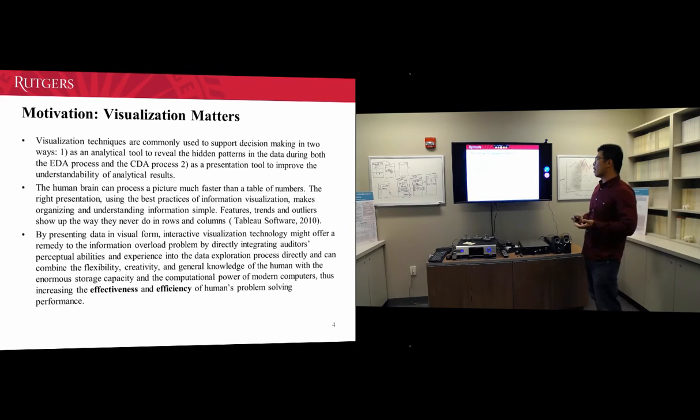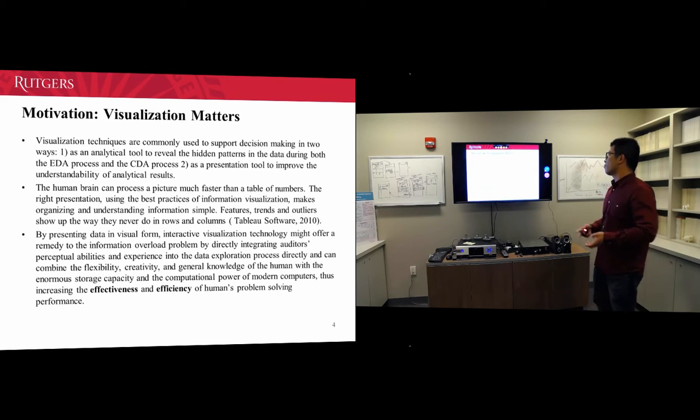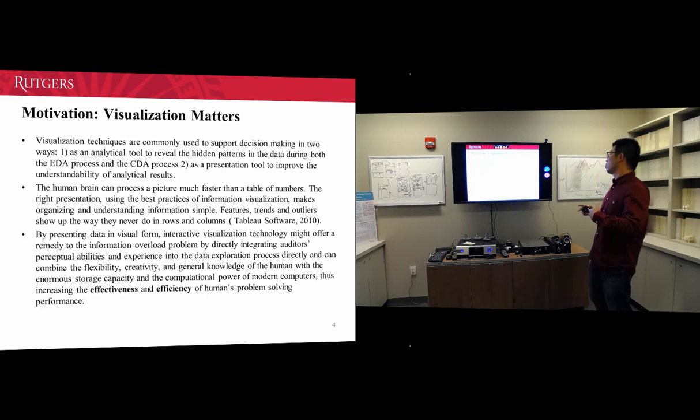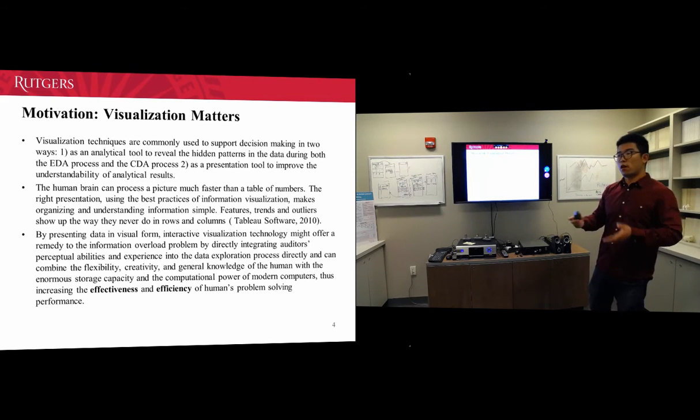Because our human brain can process a picture much faster than a table of numbers, we call it spatial ability. So visualization, especially interactive data visualization, can utilize our perceptual ability in the data exploration process to increase the effectiveness and efficiency of humans' problem-solving performance, and in the end solve the problem of information overload.